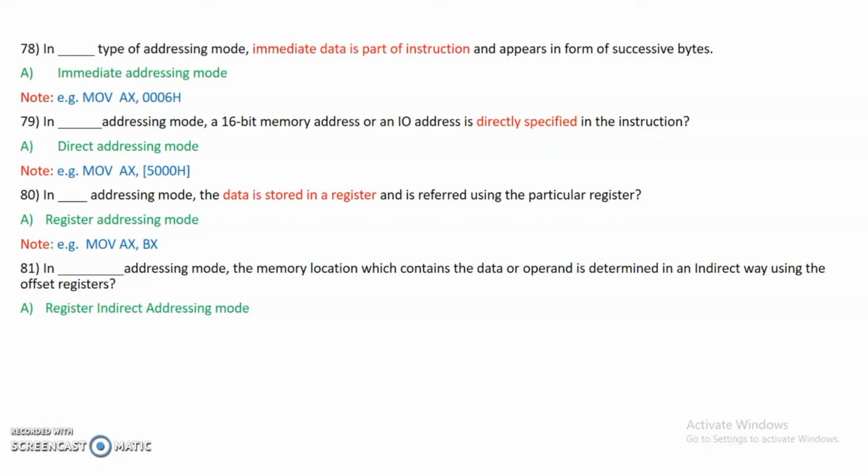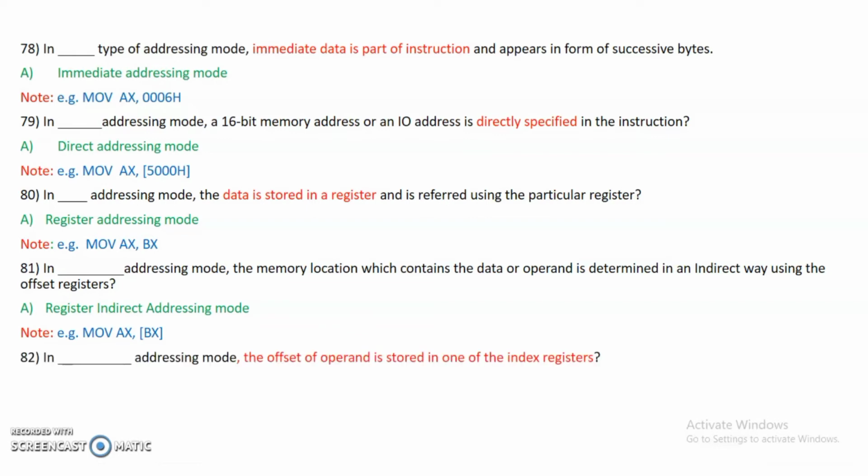Let me show you an example: MOV AX, [BX]. Here, whatever value is there in the address location held by the BX register, that particular one I am moving on to AX. This is what register indirect addressing mode is.